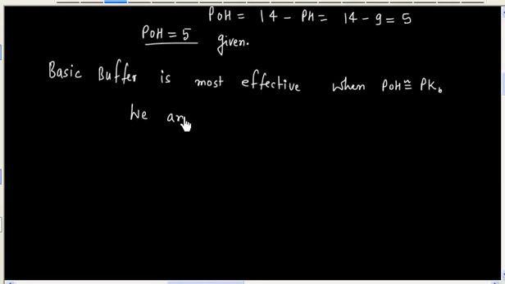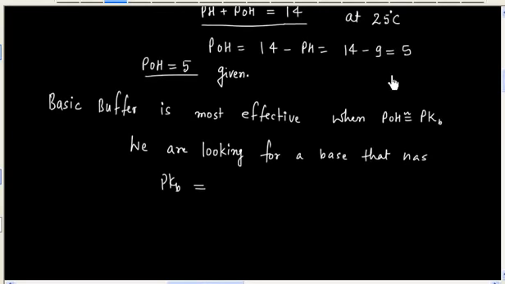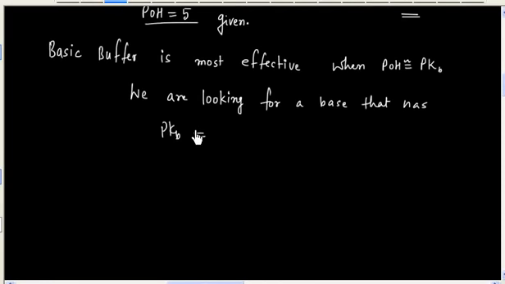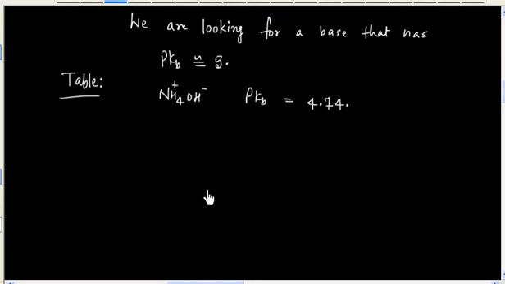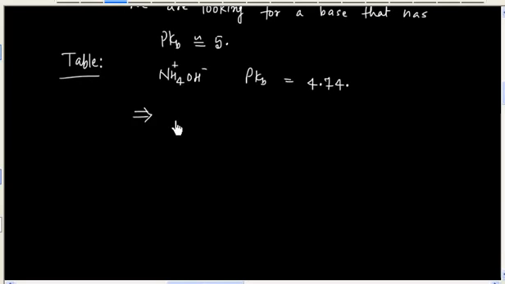So we are looking for a base that has pKb value very close to pOH, that is 5. And if we see the table, NH4OH, that is ammonium hydroxide, has pKb value 4.74. So we have identified the weak base.